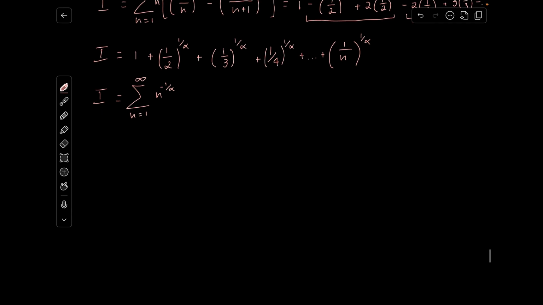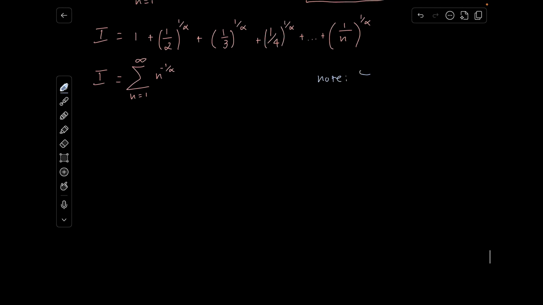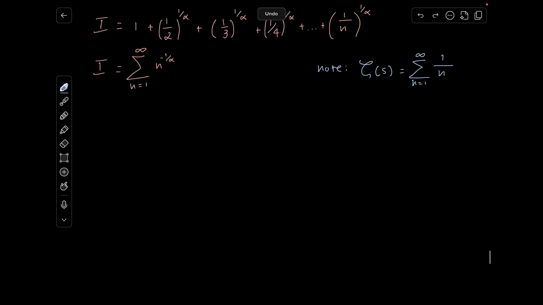And now I'm going to go over here and just write down zeta of s, the Riemann zeta function, is the sum from n equals 1 to infinity of 1 over n to the s. Sorry, that's a terrible s. I'm going to write at an angle here.